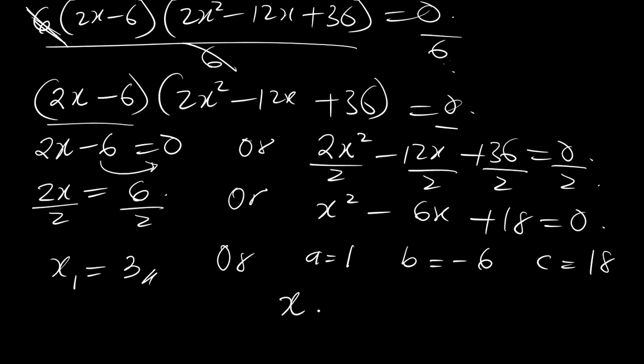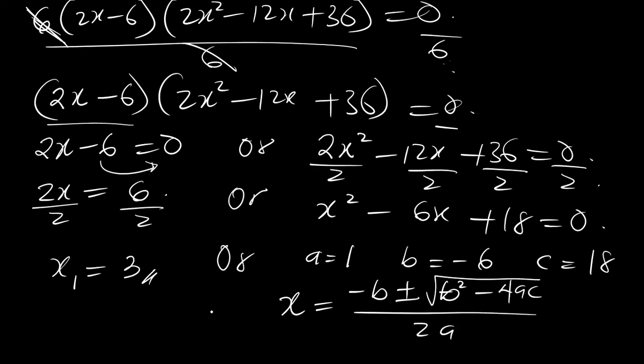So now you have x equal to minus b plus or minus the square root of b squared minus 4ac, all over 2a.